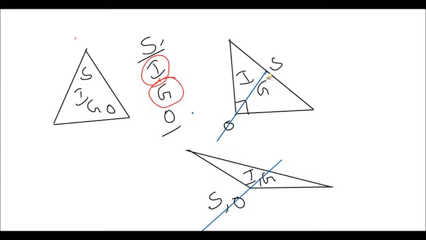If we draw a line through S and O, then G will also be on the same line. Here also S, G, O will be on the same line. So you must remember this. Whereas for an equilateral triangle, all four points are the same.